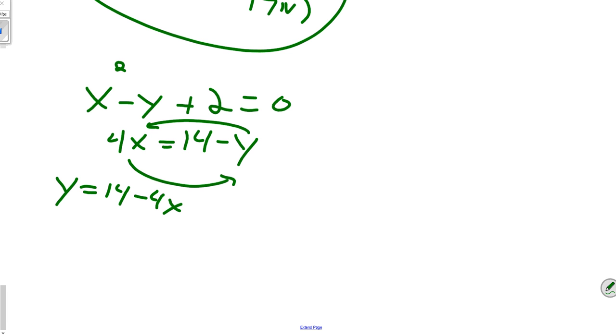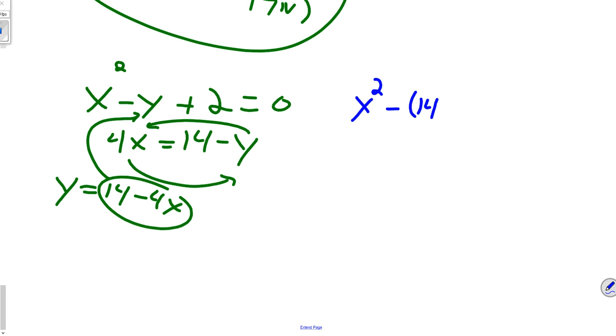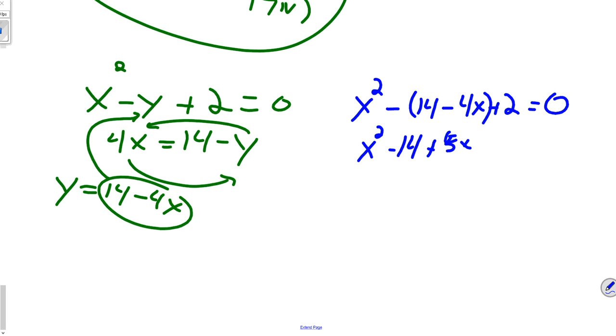Then I take this here and substitute that in for y there. So it'll look like this. X squared minus 4x.